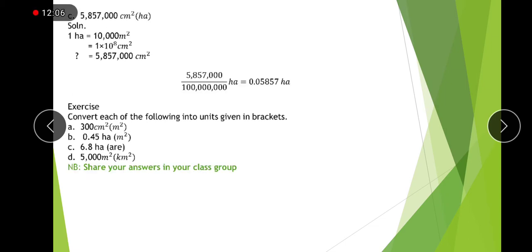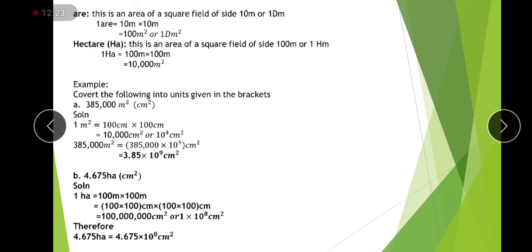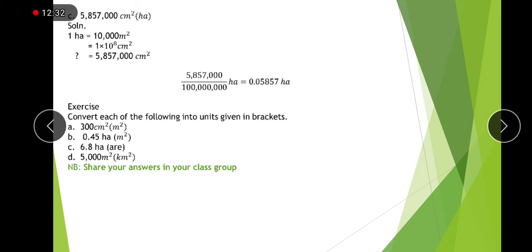Now let's do the last example. Example number 3. We want to convert 5,857,000 square centimeter to hectare. From our previous example, we have seen that 1 hectare is equivalent to 100 million square centimeter. Therefore, 1 hectare is equivalent to 10 to the power of 8 square centimeter.